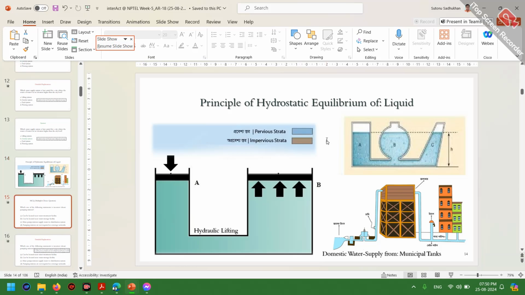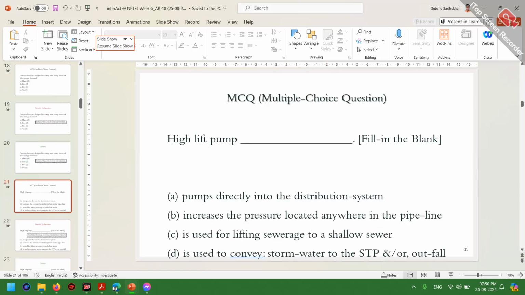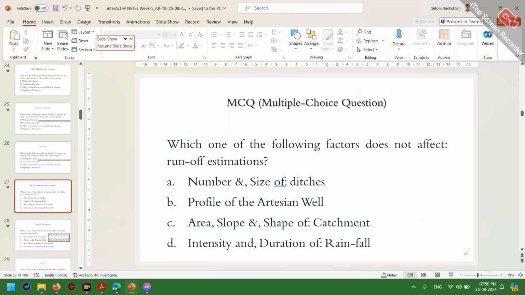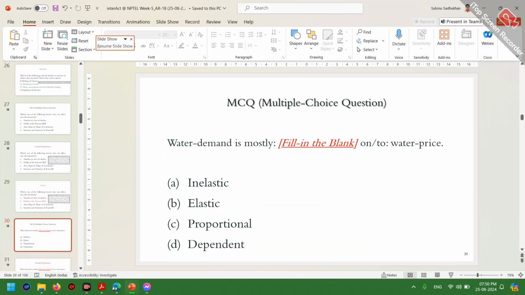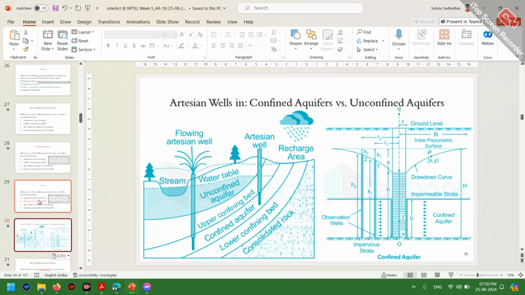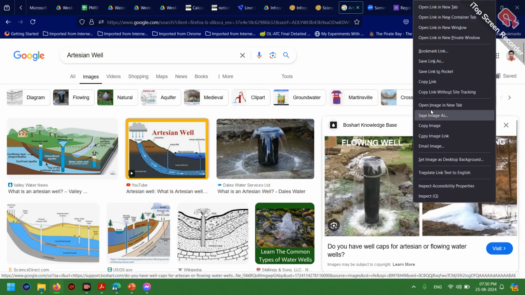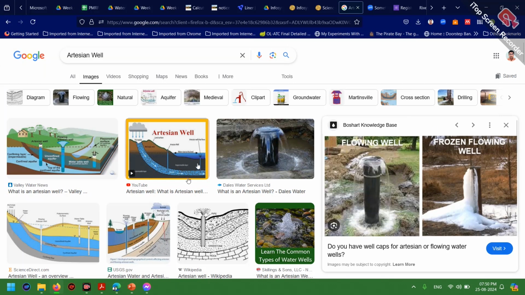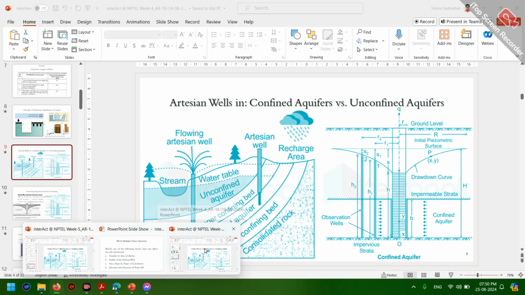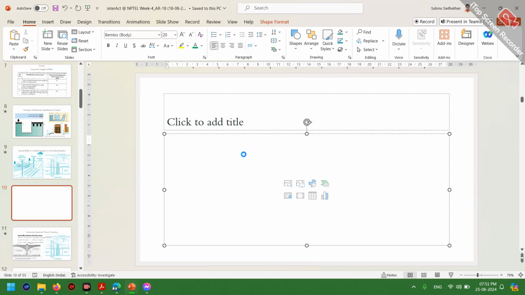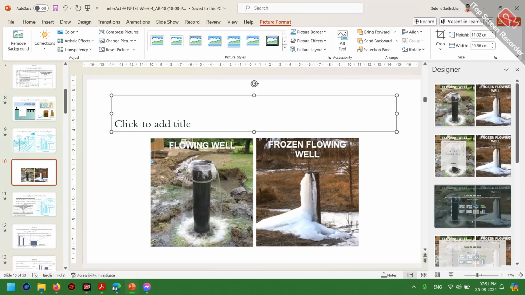Let's take a picture from here. It's good, no?